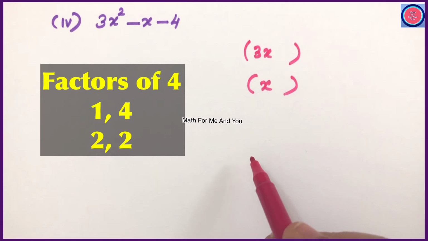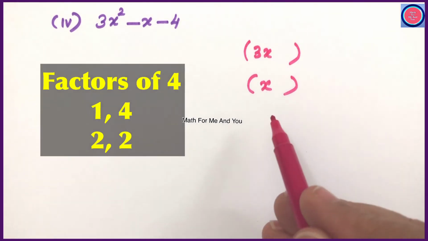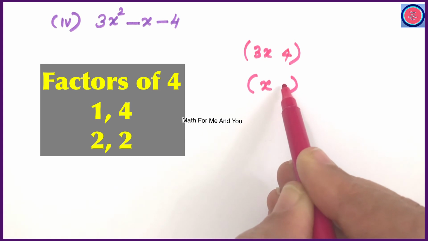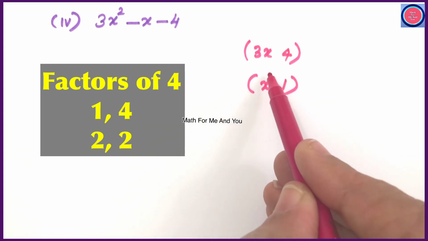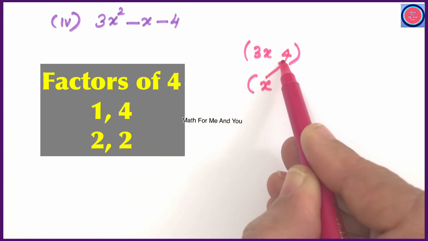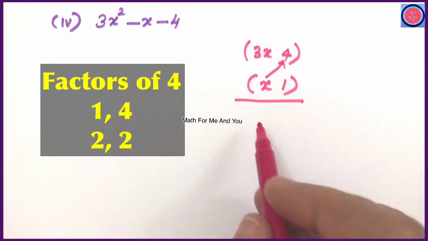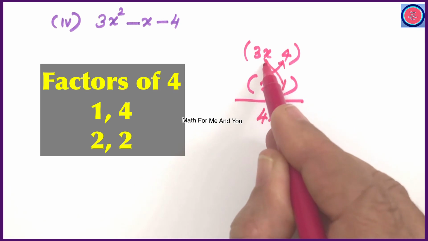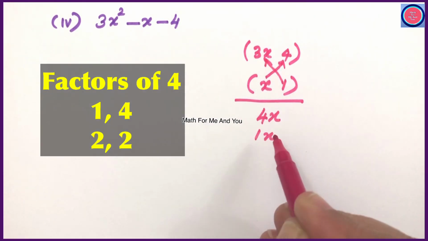Then, to get the x term, cross multiply. When we cross multiply, what we get? We can check. 3x with 4, x with 1. 4 times x, that is 4x. 3x times 1, 3x. Together we have to get minus x. How it's possible?